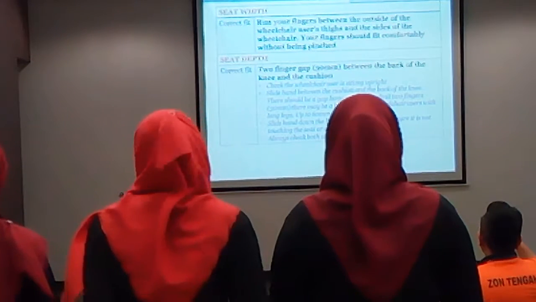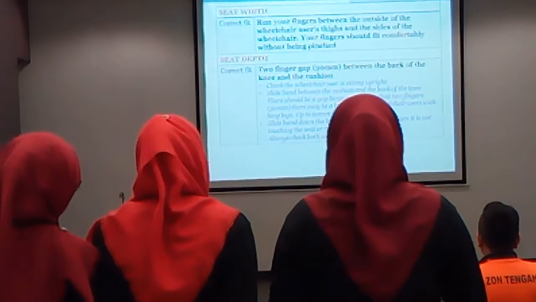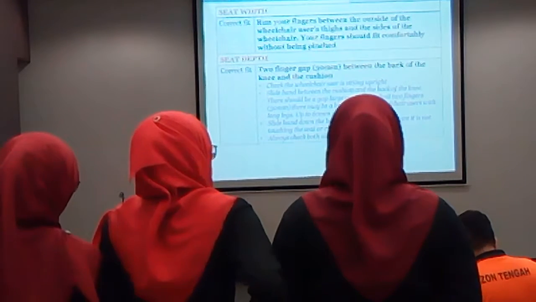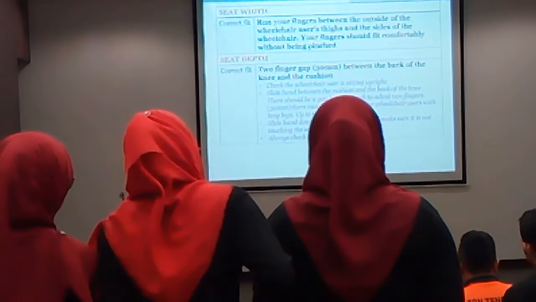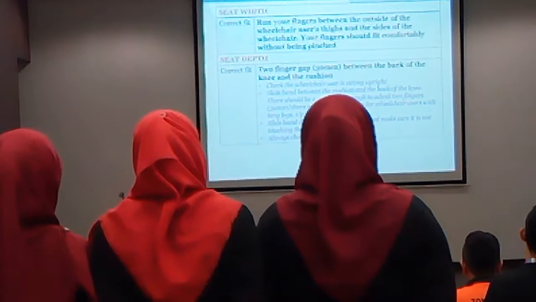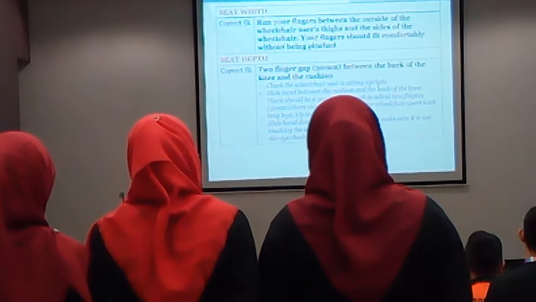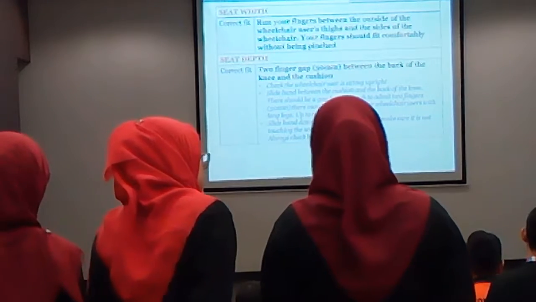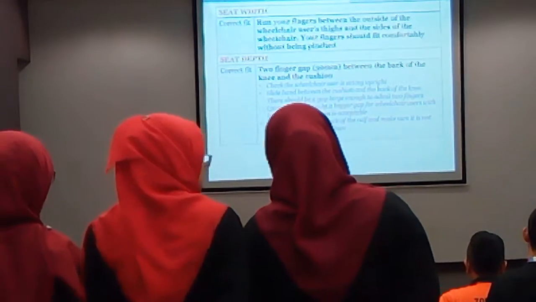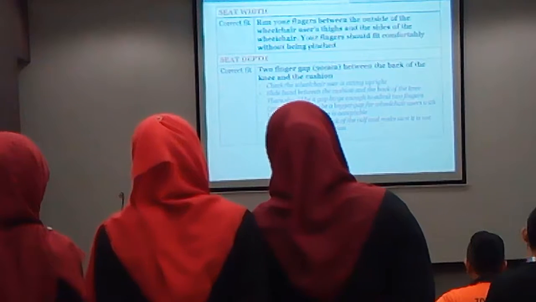We try the fitting. This is the fitting. Okay. Seat width. When the patient is sit on the wheelchair, so we check the fitting. Untuk fitting ni, kalau bila patient dah duduk, kita kena pergi depan dia lah.